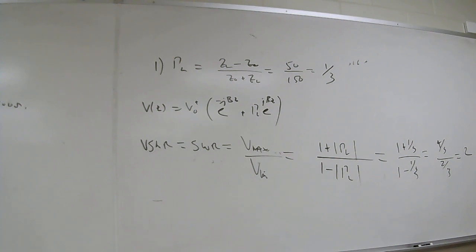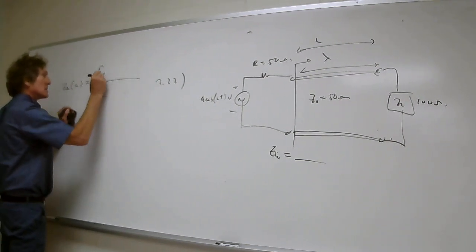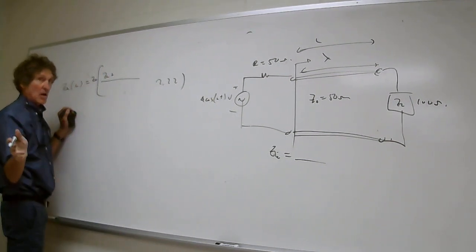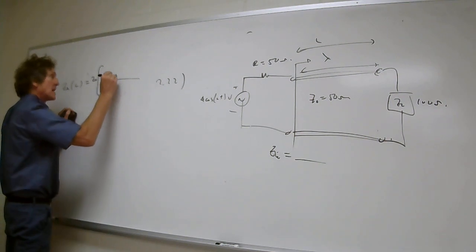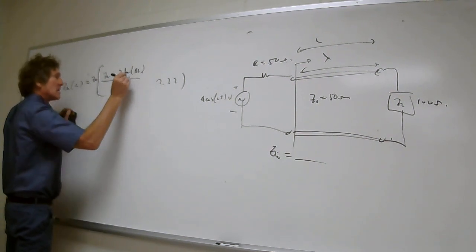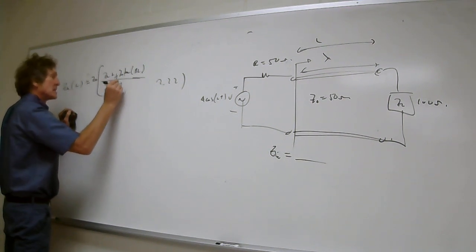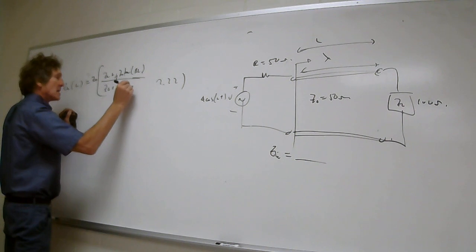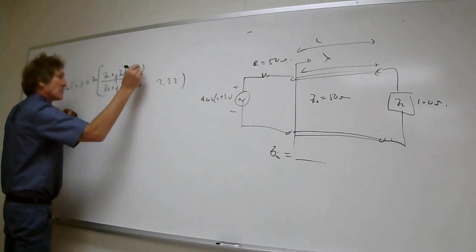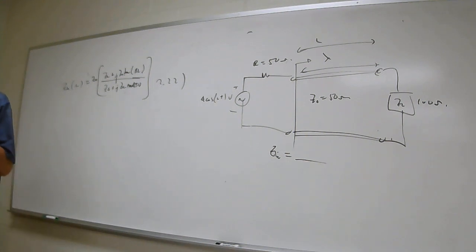I put an equation up last time, and it was equal to Z naught times ZL, assuming it's lossless, plus j Z naught times the tangent of beta L, over Z naught plus j ZL tangent of beta L. Do y'all remember me doing that last time in class? Take a moment and just appreciate what we're about to say.